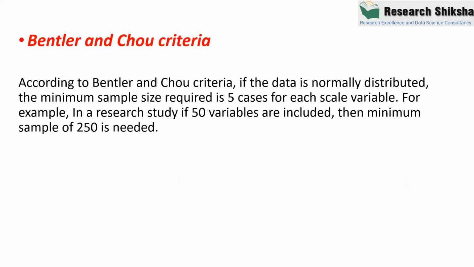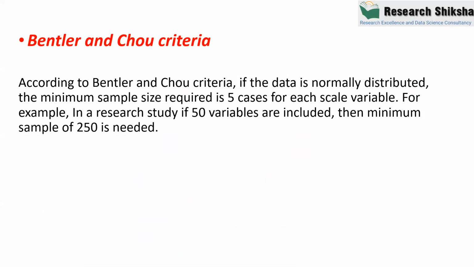After that, I also found this criteria, called the Bentler and Chou criteria, because I have faced many studies where the sample size is 150 or 200. So we thought we should have some criteria where we can justify our sample size.